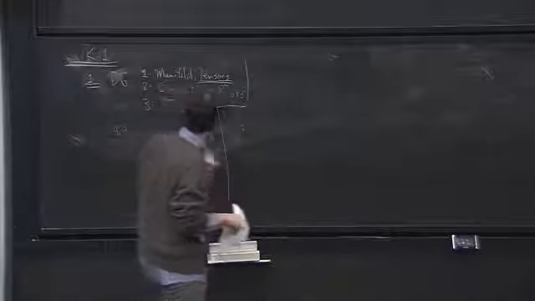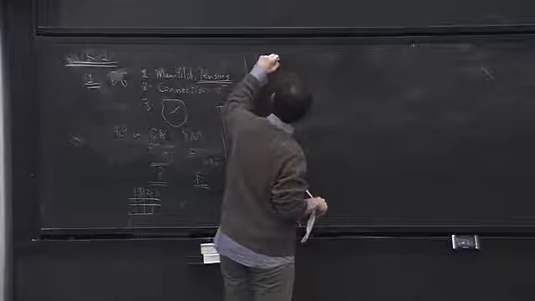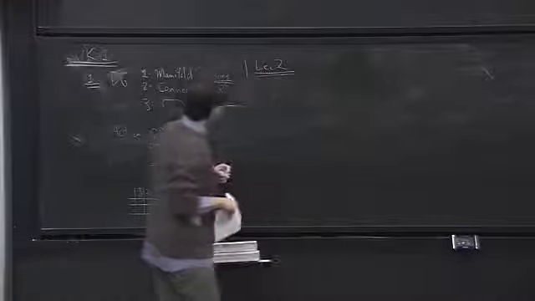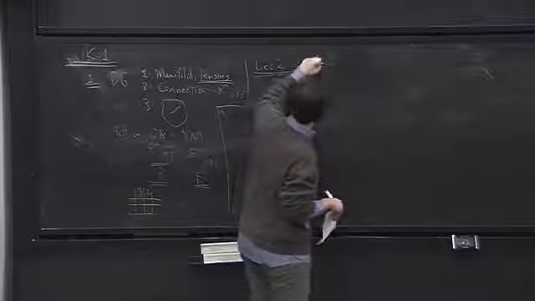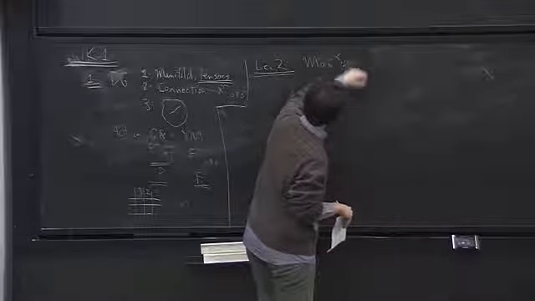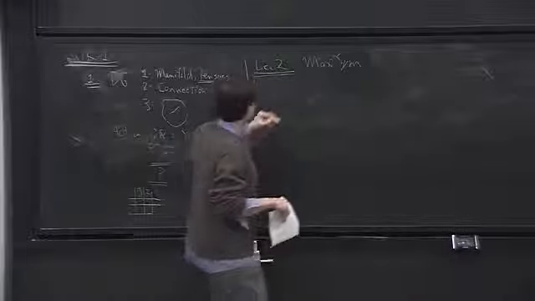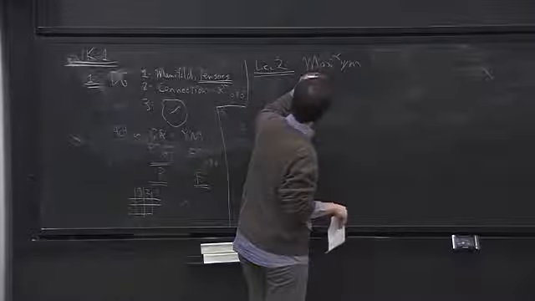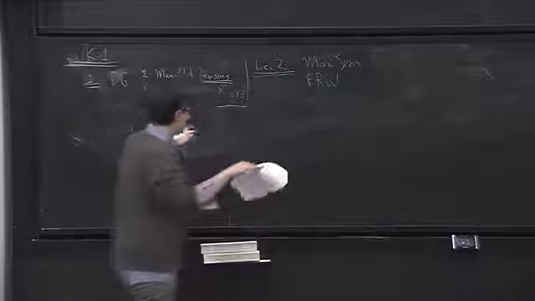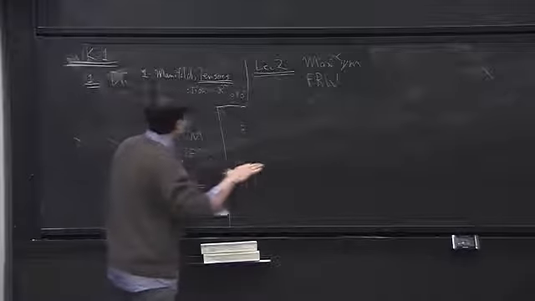Okay, lecture 2. We met the most important metrics in physics, the maximally symmetric metrics, the Friedmann-Robertson-Walker metrics, which are the actual metrics that appear to describe our cosmological universe.